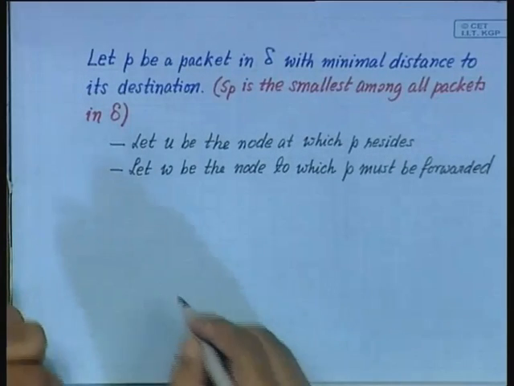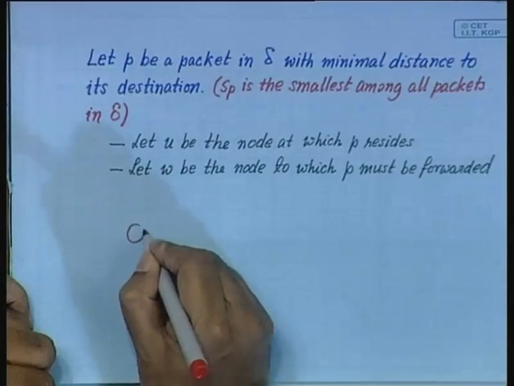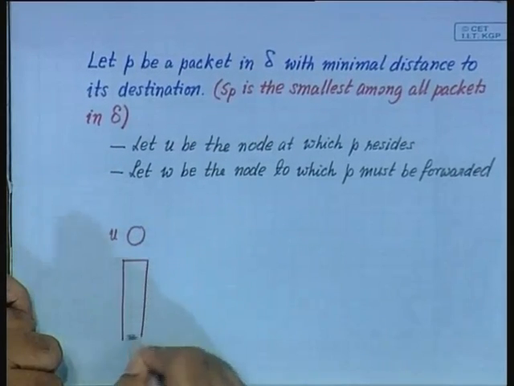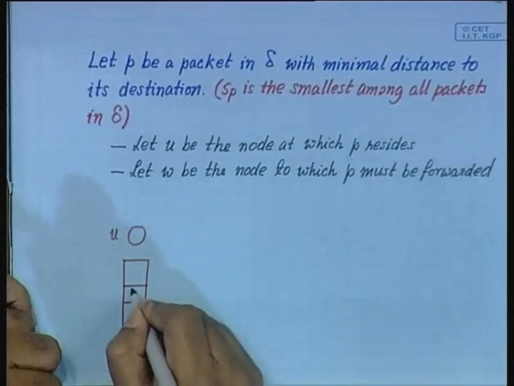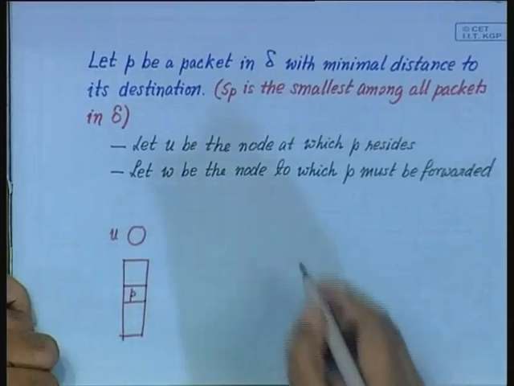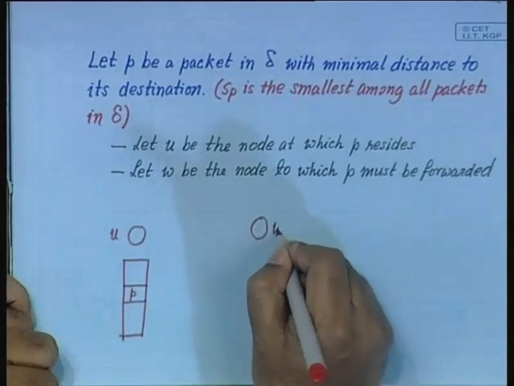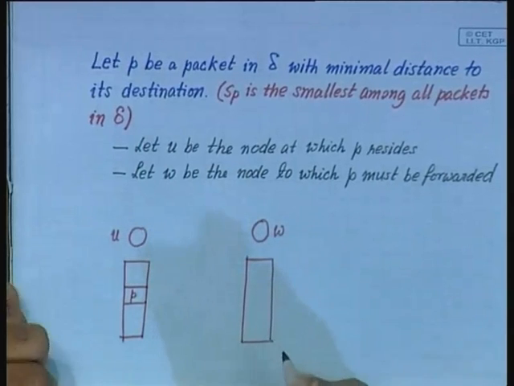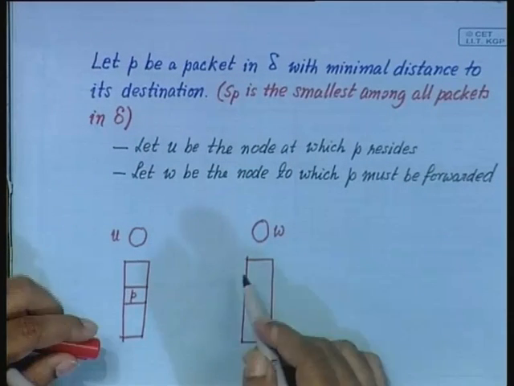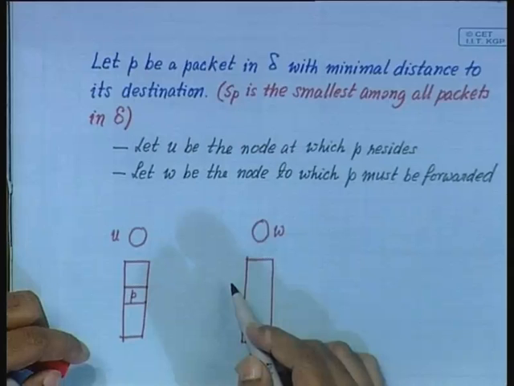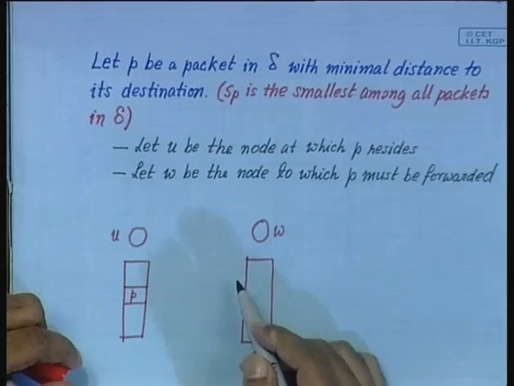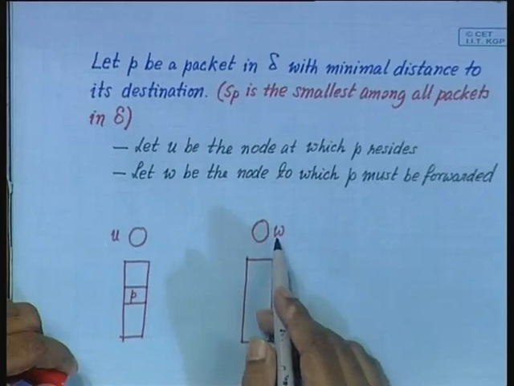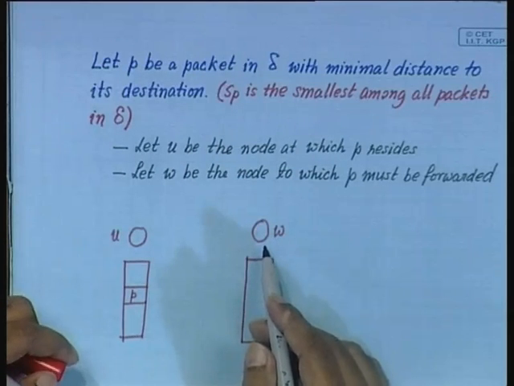So, what does this mean? That this is node U, the packet P is stuck somewhere here, okay, and it must be forwarded to node W, but W is not accepting P, right. So, what can we say about W? What is the number of free buffers in W?